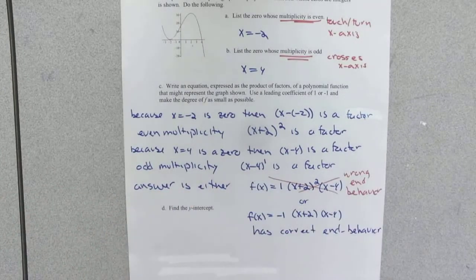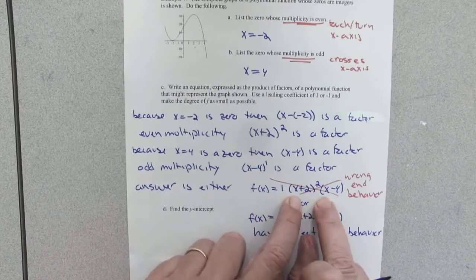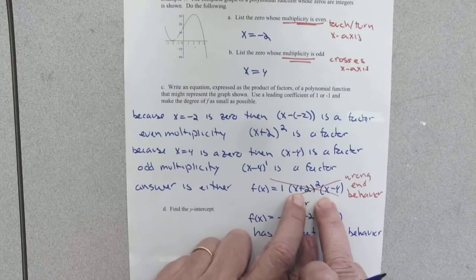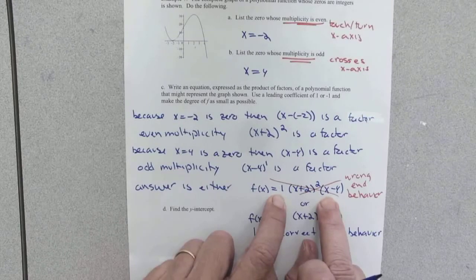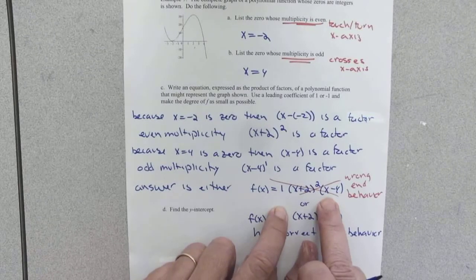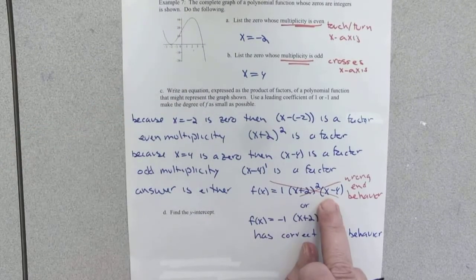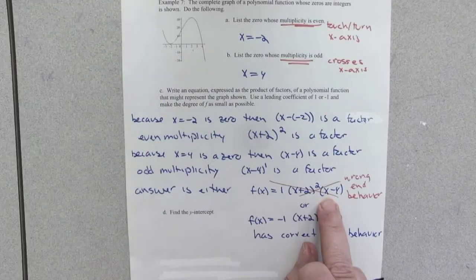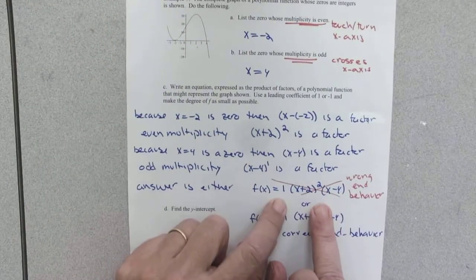Now, if you didn't have a calculator, you would have to figure out the degree. If I were to multiply that out, that'd be an x squared, and then I have another x there. So my degree would be 3, that's odd. My leading coefficient, 1, positive. So degree odd, positive coefficient, that's falls left, rises right. Again, wrong end behavior.